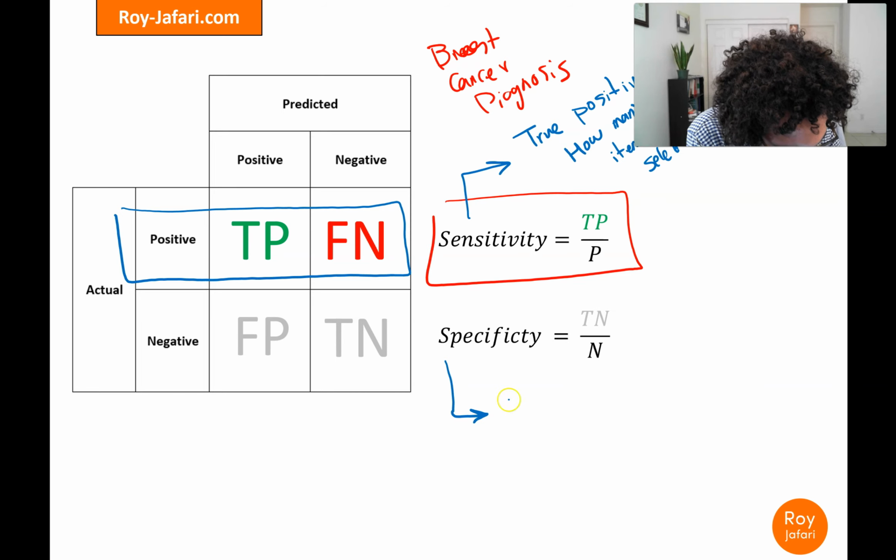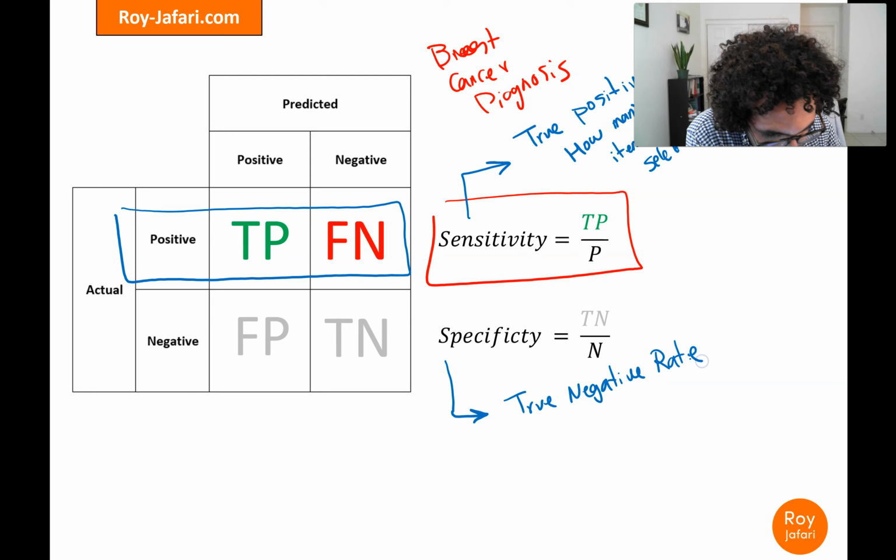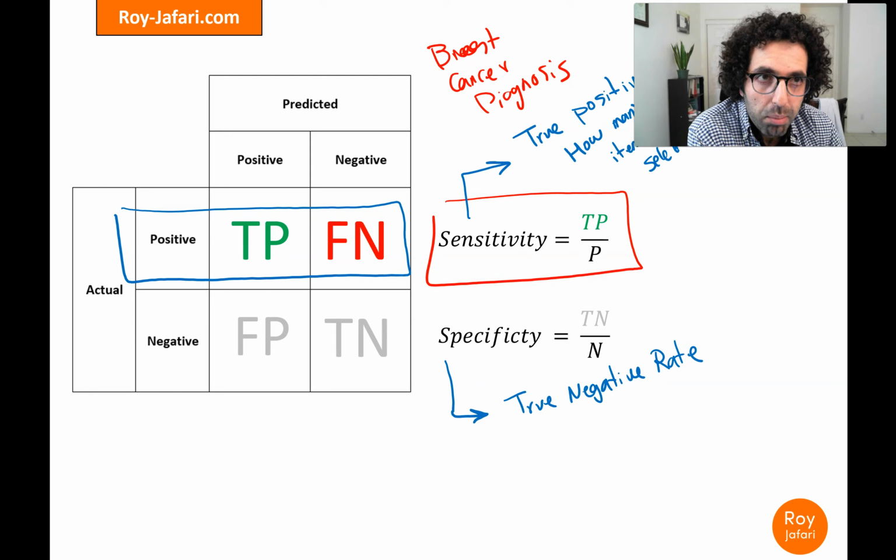On the other hand, specificity is the true negative rate. It answers the question: how many negative selected elements are truly negative, right? How many of the ones that we have selected as negatives are actually negatives?